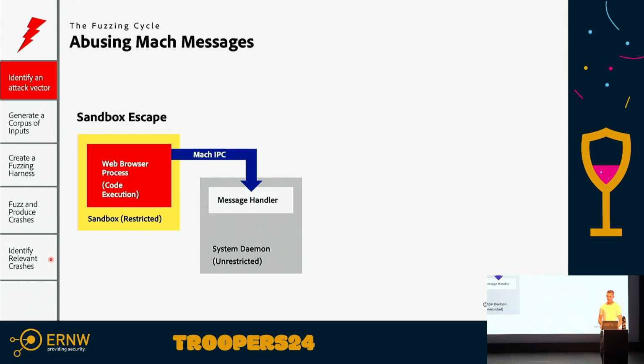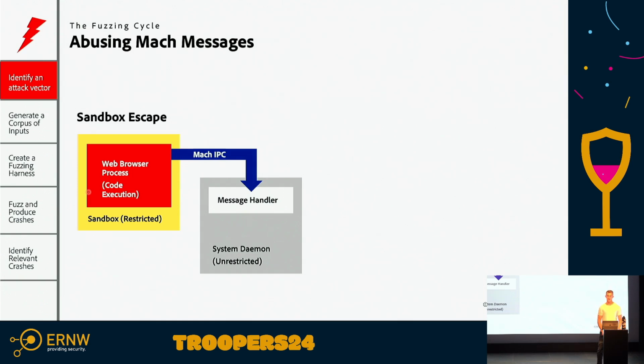We learned a little bit about Mach messages. I'm going to talk briefly about how they've been abused in the past and why we should care about them. So the first reason is for sandbox escapes. Let's say that we have a web browser process. An attacker has an exploit to get code execution within the browser renderer process. This is usually not going to be very useful to an attacker on its own because they're running in a sandboxed, restricted context.